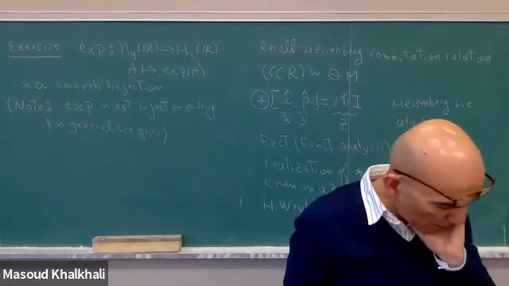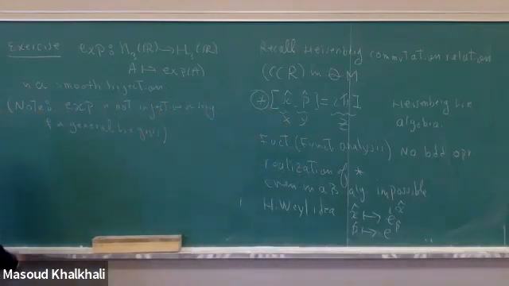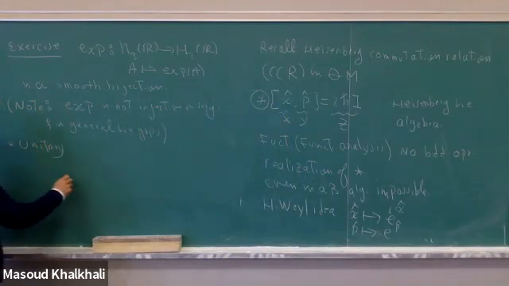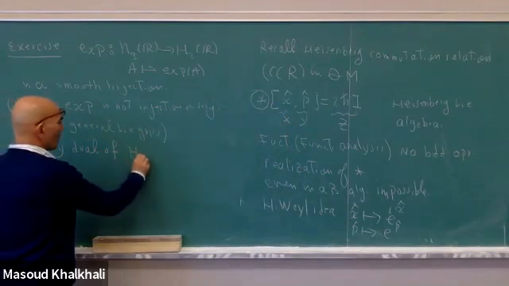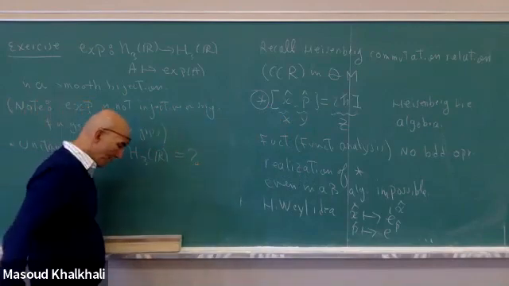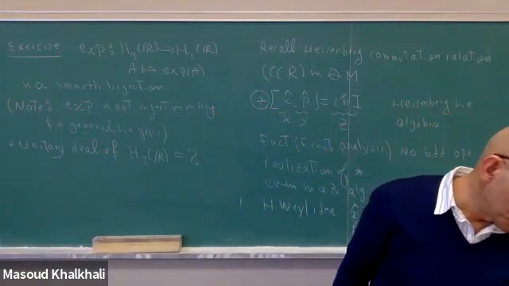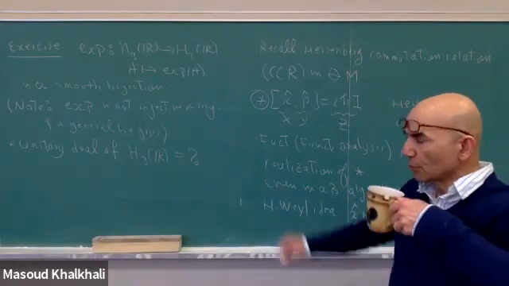Okay, so now what we want to see is there are two things you need. First of all, the unitary dual of H3 of R. So the question is, do we know all unitary irreps of this Heisenberg group?